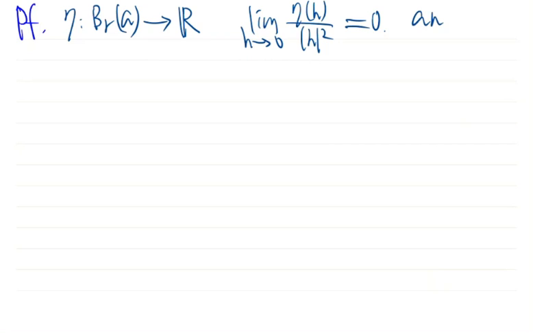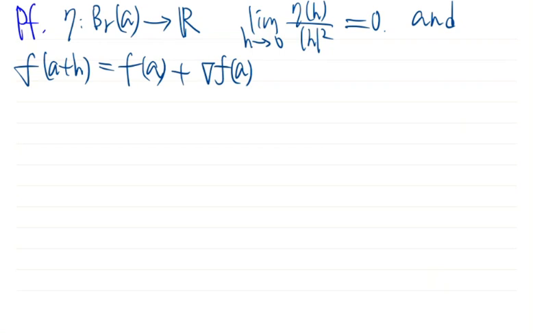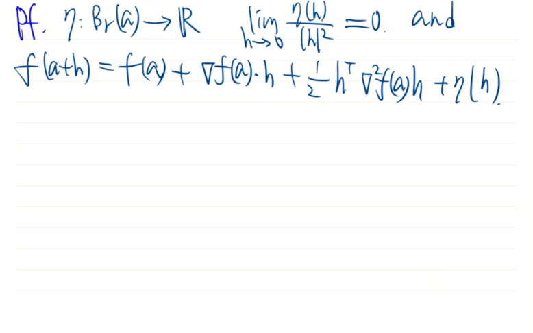And the Taylor formula: f(A+h) is f(A) plus a term here, plus half of h transpose Hessian h, plus eta(h). This is the Taylor formula we established already.